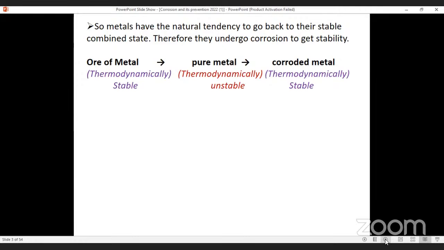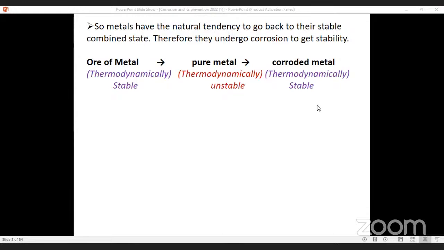From that we extract the pure metal, which becomes thermodynamically unstable. That is further involved in electrochemical reactions. The surface of the pure metal is exposed to the environment and involved in chemical reactions, and it becomes a corroded metal. That corroded metal becomes thermodynamically stable. Is it clear?